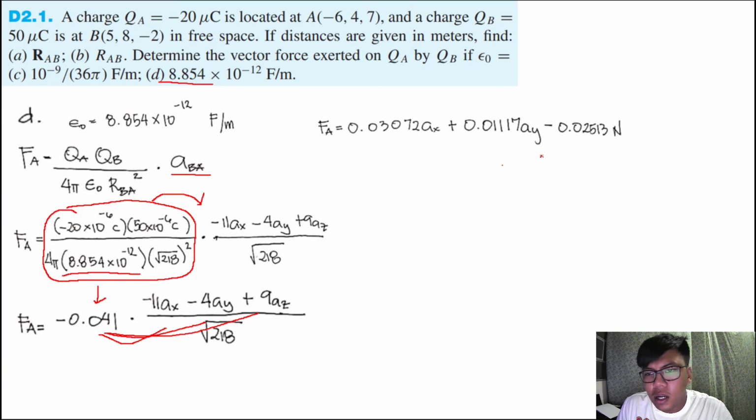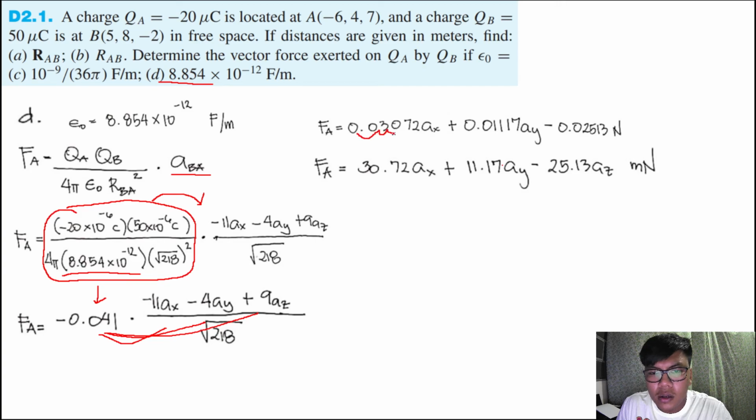So, represent lang natin using millinewton ulit. So, bilang lang ulit ng tatlo patras. Diba? Scientific notation lang yan. So, we have 30.72 A sub x plus 11.17 A sub y minus 25.13 A sub z.